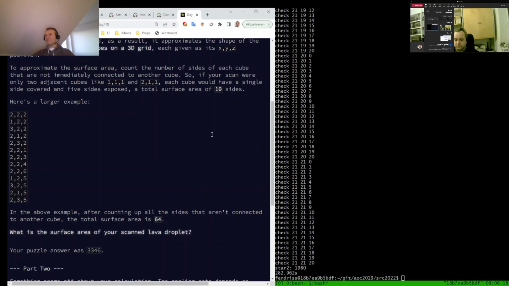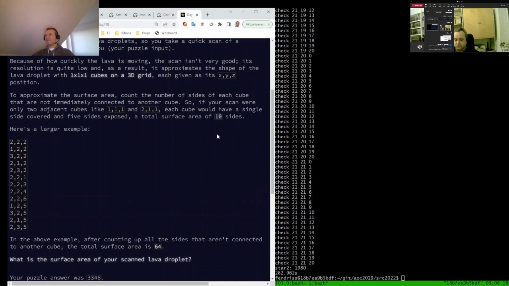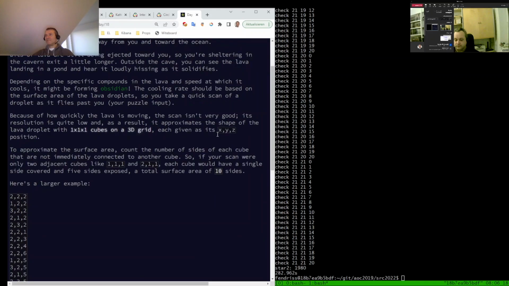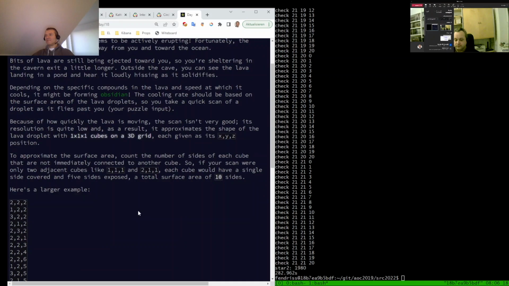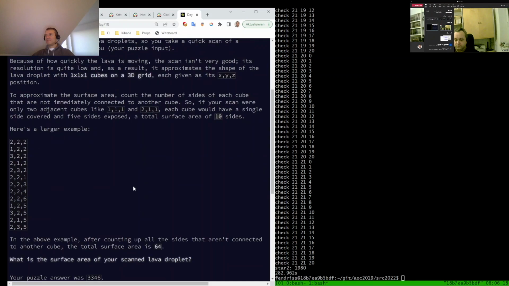And for my time, I lost a lot of time not recognizing that the thing given in my input data is at the edge of the area that I actually scan through, so I couldn't find the last 2 bits of uncovered surface.